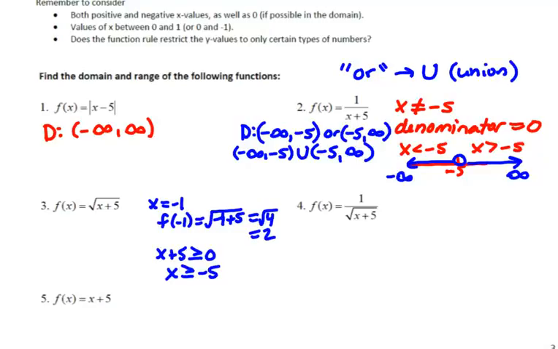That's allowed. If x is anything bigger than -5, like -4.5 or -4 or -3, whatever, the quantity x plus 5 will be positive. And so I'm good to go. So my domain here is x greater than or equal to -5. Square bracket on the -5 because that's included, all the way to infinity.